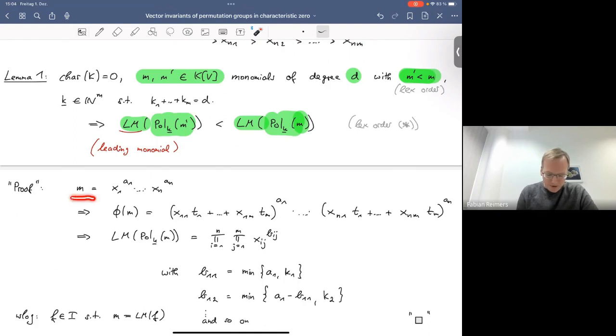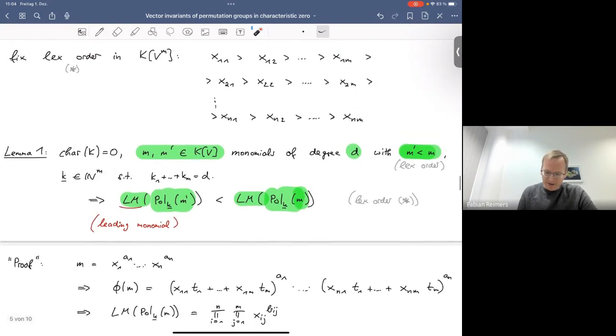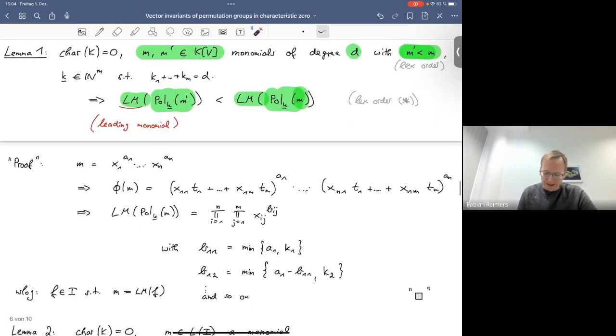Anyway, what we do is we just take a monomial and look at what happens if we plug it into this K-algebra homomorphism phi that was the root for the polarization map, and then we check what would be the leading monomial of the kth polarization of the kth coefficient that appears here, and then you can check, okay, if I use this Lex order here, then the leading monomial should contain x11 as much as possible.